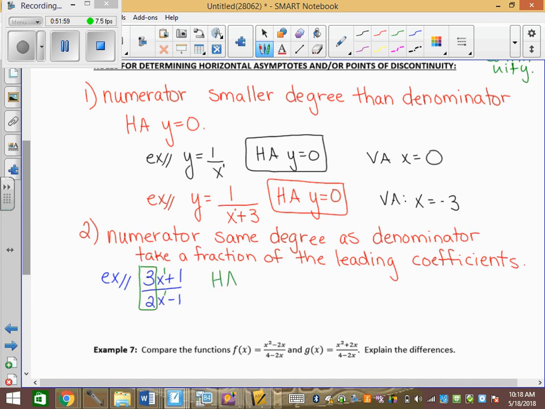Horizontal asymptote at y equals 3 over 2. Literally that easy. You forget the rules, ridiculously hard. Right? What's my vertical asymptote at in this one? It's a half, because you'd have 2x minus 1 equals 0, 2x equals 1, x equals a half.